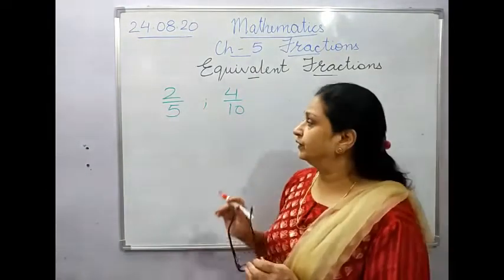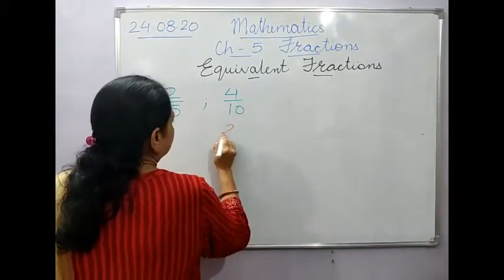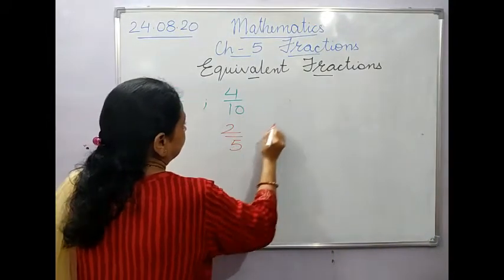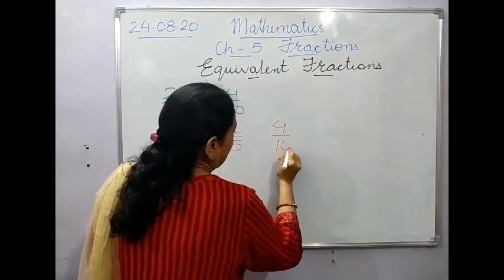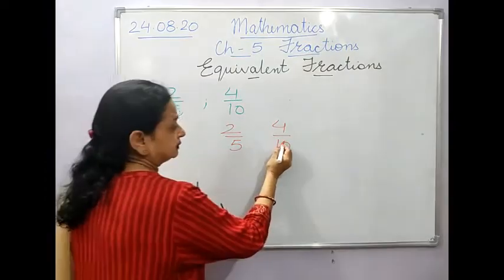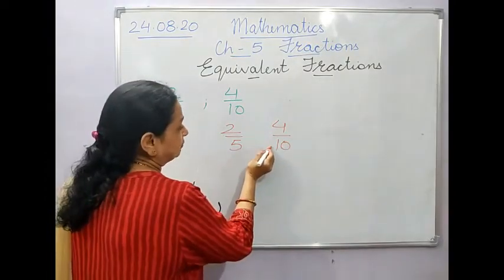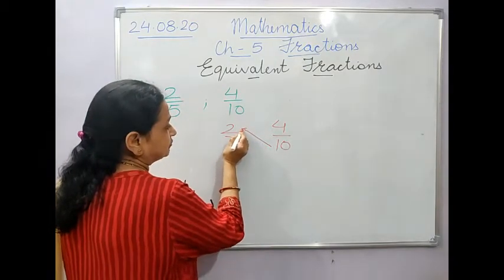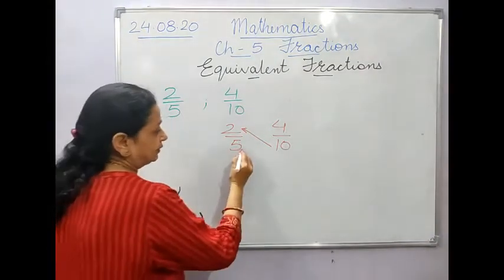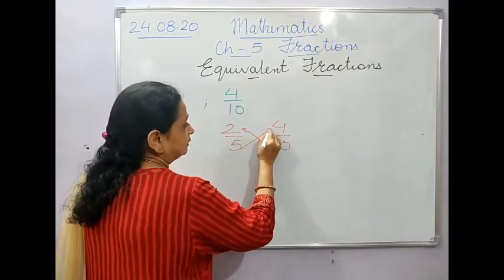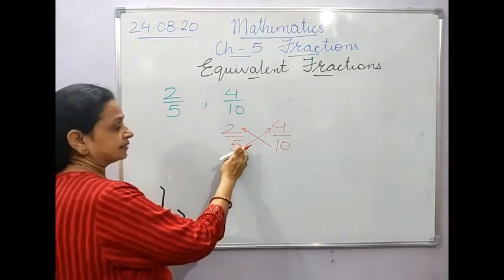For this, what we do, we write down this again and we cross multiply this. Cross multiply means you will multiply the denominator of the first one with the numerator of the second one.